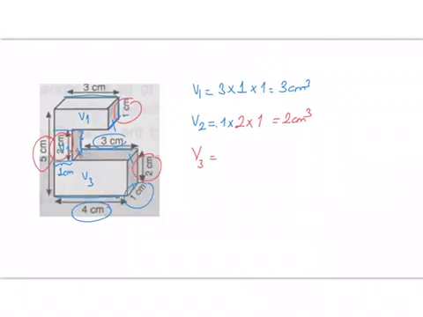The volume of the third part is 4 times 1 times 2, which is equal to 8 cm³. So the total is equal to 13 cm³.